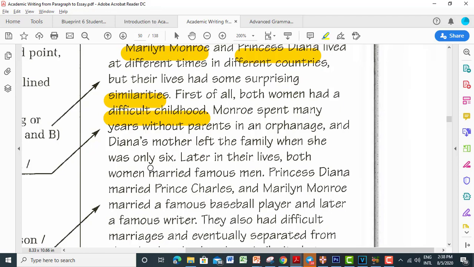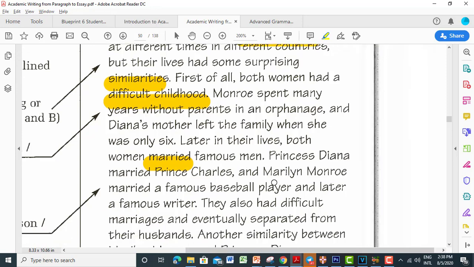So later in life, both women married famous men. Okay, so this is the marriage. Princess Diana married Prince Charles, and Marilyn married a famous baseball player.